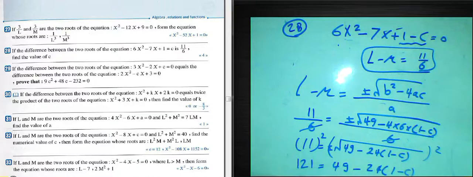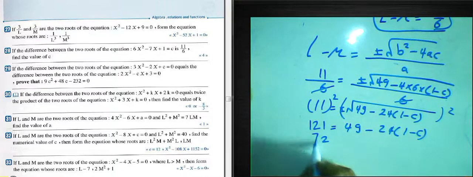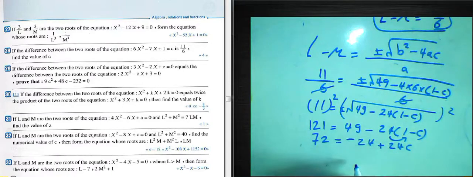121 subtract 49 equals 72. 11 minus 4 equals 7. This equals negative 24 times 1 plus 24c, because negative multiply positive equals negative.